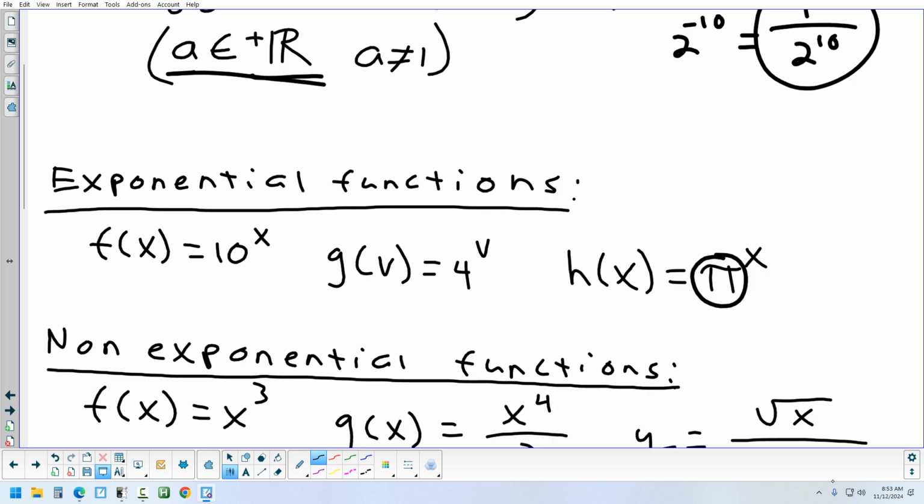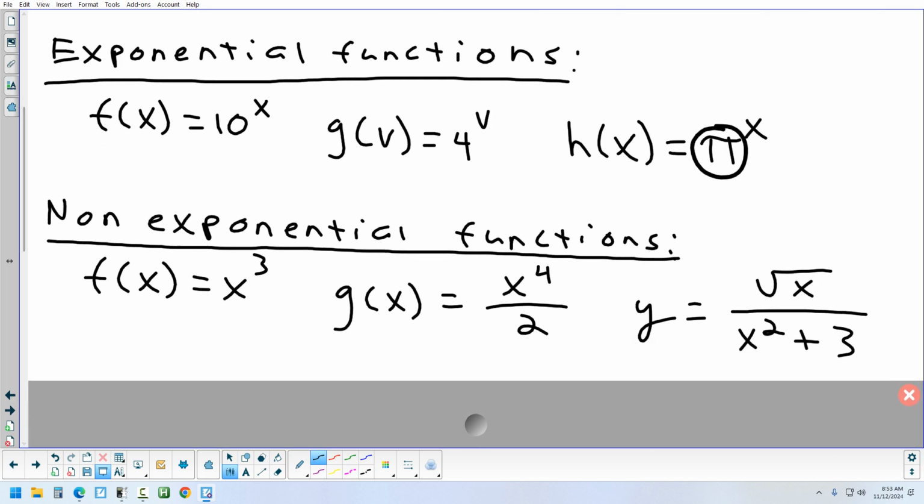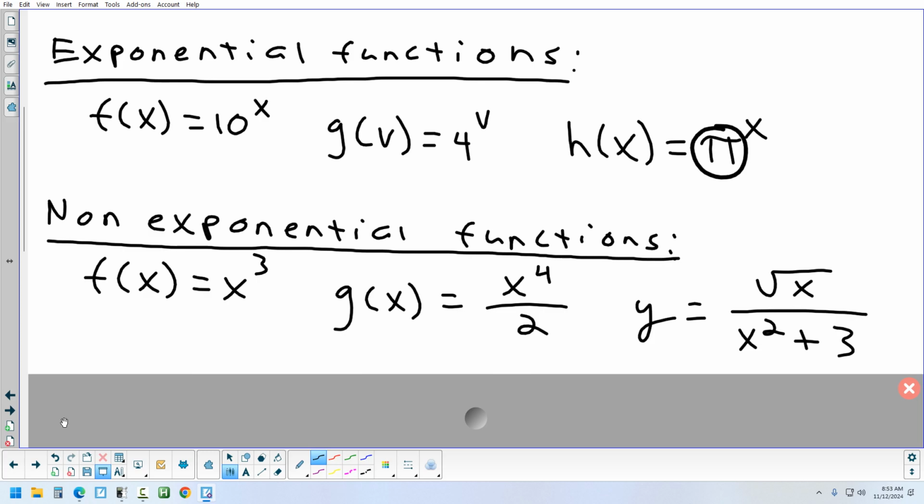How about looking at these? So under the non-exponential functions, what kind of function is f of x? Yeah, polynomial. That's a polynomial. It's a variable base and an integer exponent. Okay, that's a polynomial. How about g of x under non-exponential? Somebody tell me what g of x is? Yeah. Another polynomial.